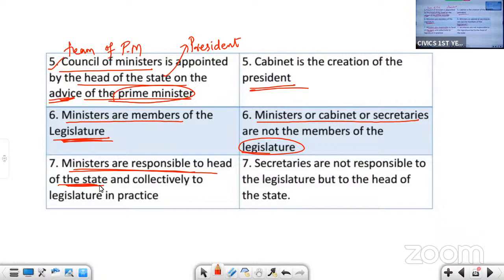And all the ministers collectively are answerable to legislature also. They are collectively answerable to the legislature. This feature is called collective responsibility.